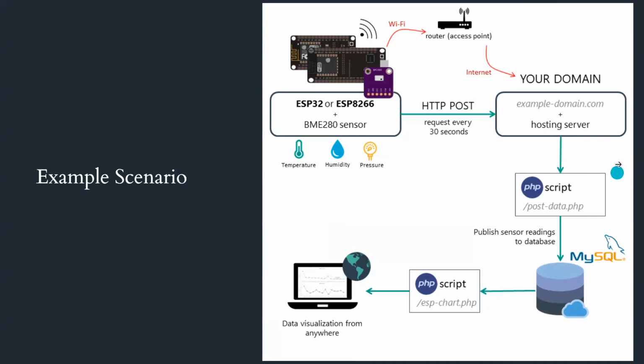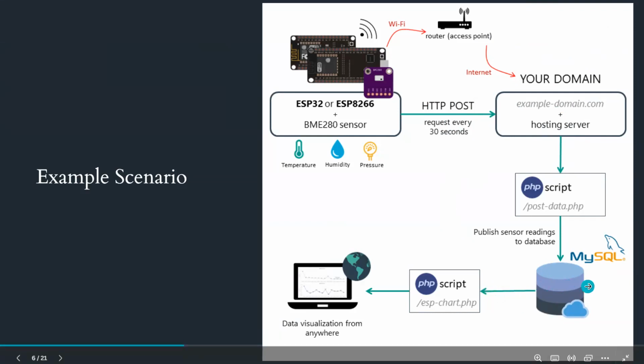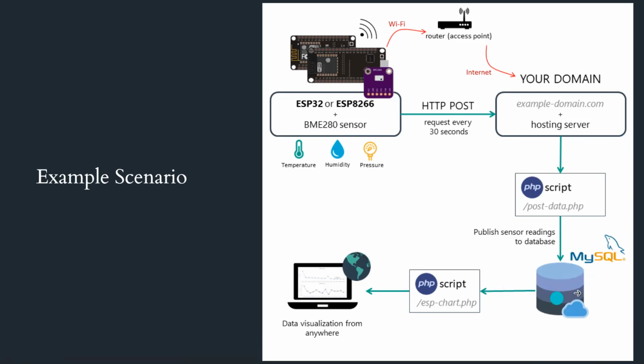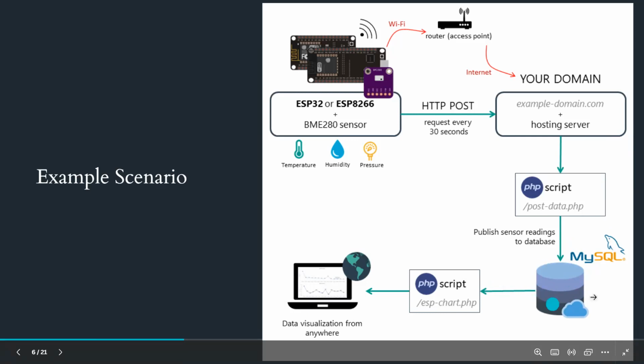Then other languages are used to obtain the data. At the back end of the server, we can process the data, manage it, and store it in a certain database, and then we can use other languages to create web applications that enable us to visualize the data and show it through a certain interface.